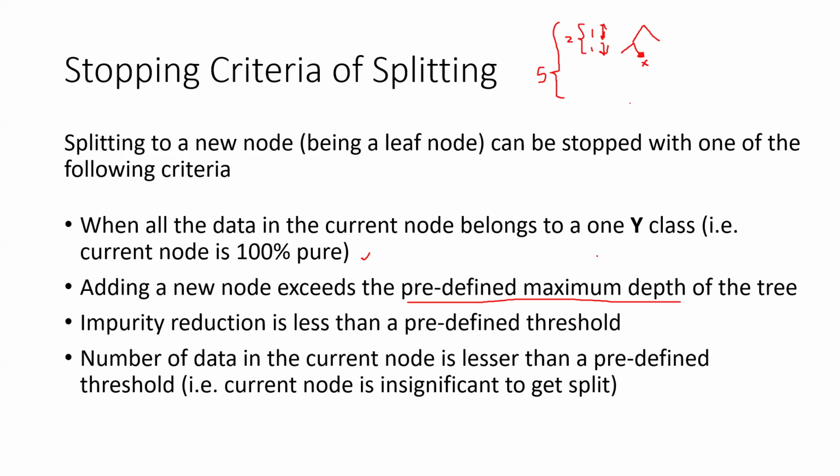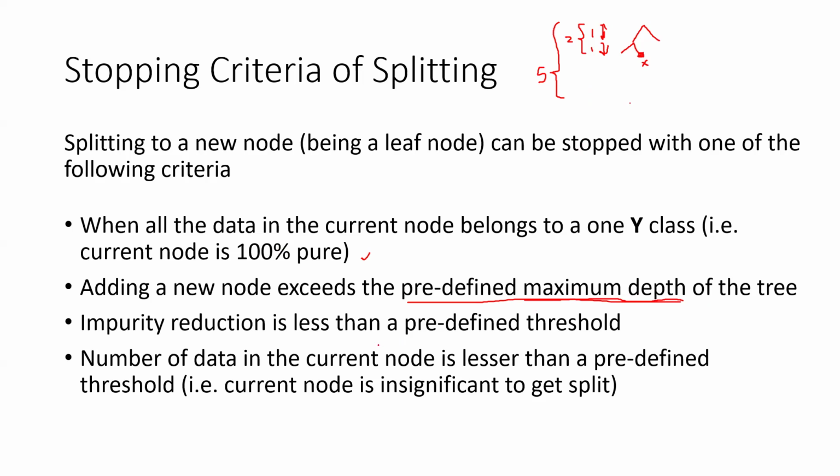So we set this hyperparameter, this hard-coded value known as the maximum depth, before we start this algorithm. Once this maximum depth is fulfilled, you can't add more nodes. So that is another stopping criteria.